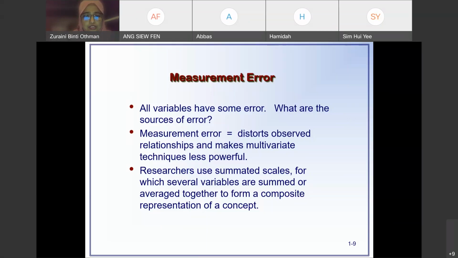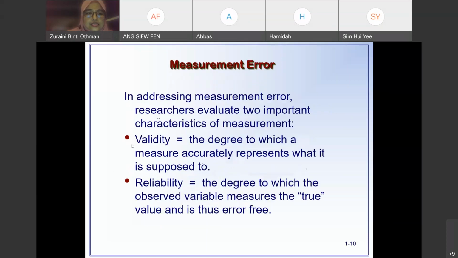If it involves error, it makes our multivariate technique less powerful. Researchers use a summated scale, in which several variables are summed or averaged together to form a composite representation of a concept. In addressing measurement error, researchers evaluate two important characteristics.